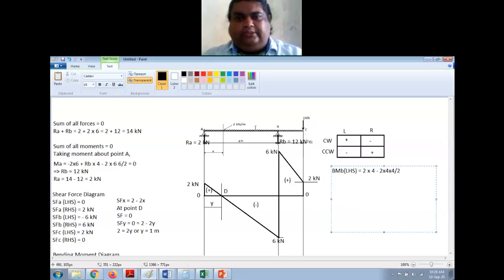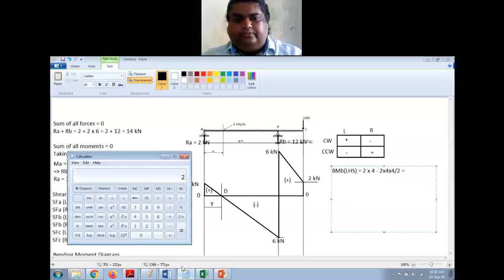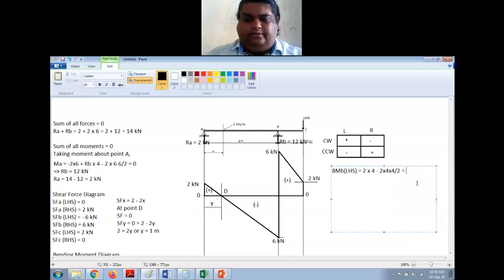So I am assuming this as a point load acting at the midpoint, that is at 2 meter. So this value is 2 into 4 is 8 minus 2 into 4 into 2. So that will be minus 8 kilonewton meter. Correct?